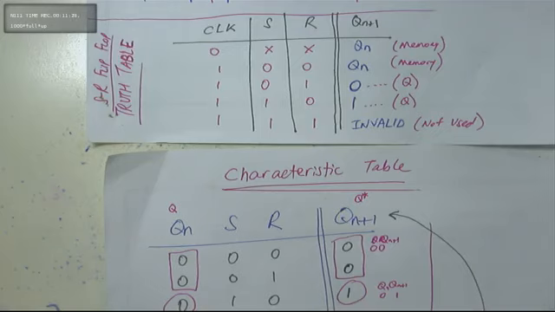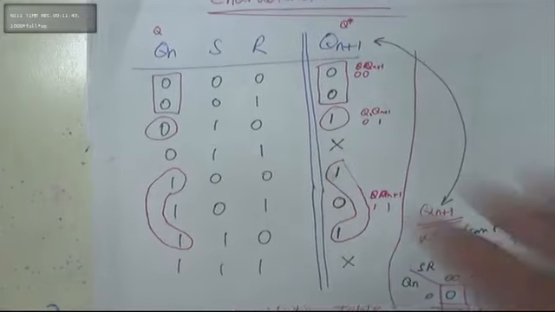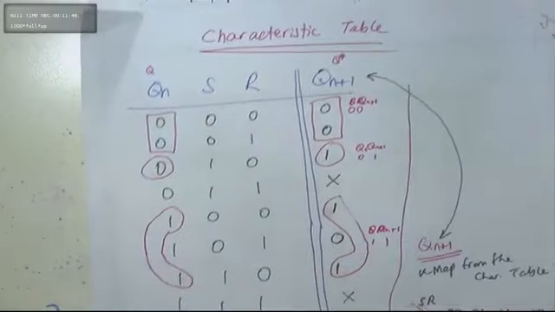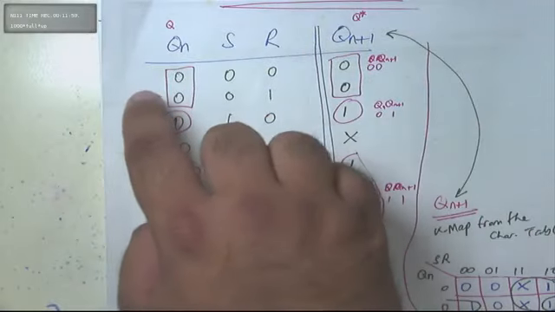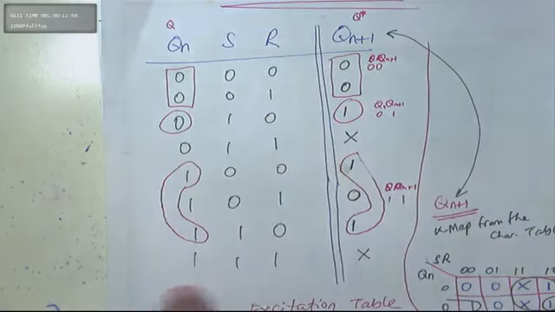Okay. So what we did was, from the upper table, we now have this new input of Qn, and we now want to look at everything in terms of Qn. This is not a physical input. We are just drawing the scenario that, hey, if Qn was 0, what happens? Because we've got 3 inputs, we populate our table 0, 0, 0, 0, 0, 1 all the way till 1, 1, 1.